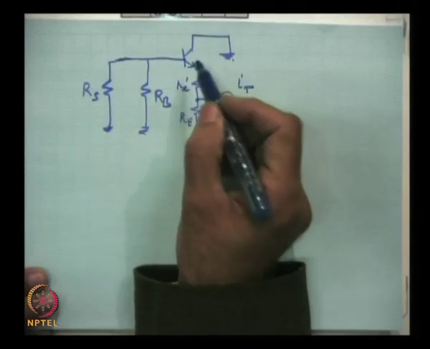Now, you remember it was said that the input side and output side of the transistor are not completely isolated. What we do at the input does reflect at the output, and what we do at the output is reflected at the input.